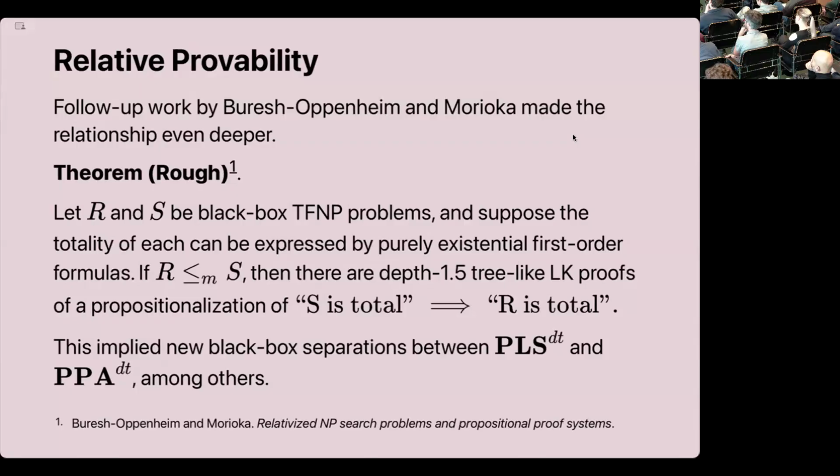Then what they showed is that if the search problem R reduces to the search problem S, then there are actually propositional proofs of this theorem. If I start with a propositionalization of the fact that S is total, then you can prove in depth 1.5 tree-like LK, or they also showed in Nullstellensatz, that if S is total, then R is total.